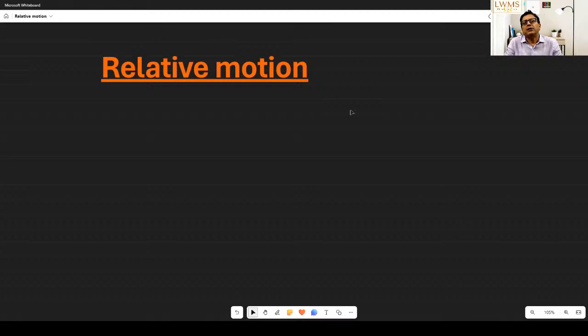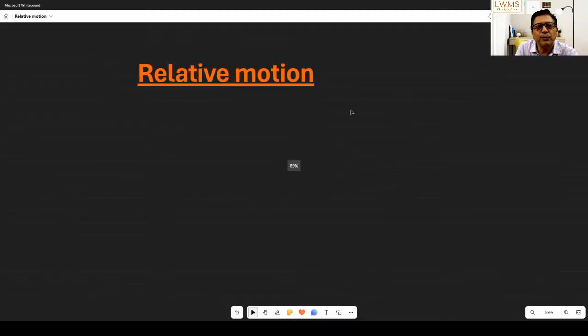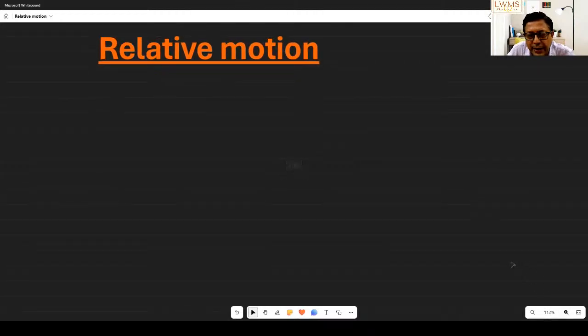Relative motion can be understood first using one-dimensional motion. So relative motion can be there in 1D, can be there in 2D, can be there in 3D also. What is relative motion?